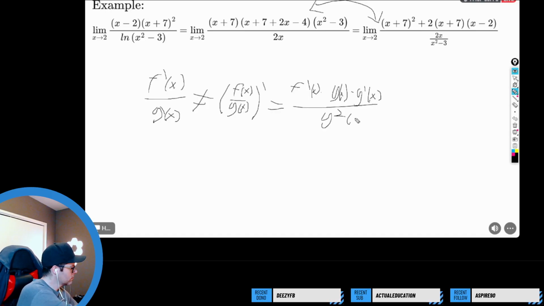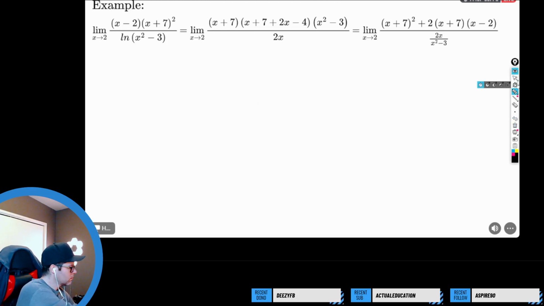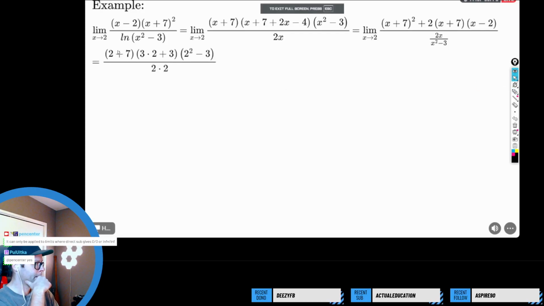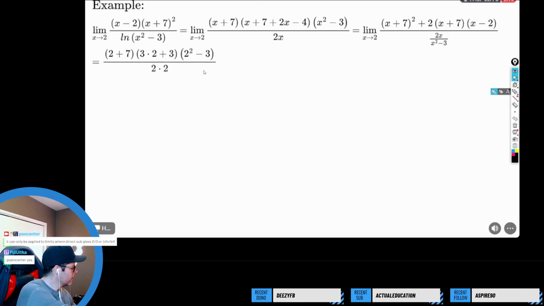This is something to notice and make sure that you don't fall for. But now we can actually plug in 2 and get a reasonable value, which is 81 divided by 4.